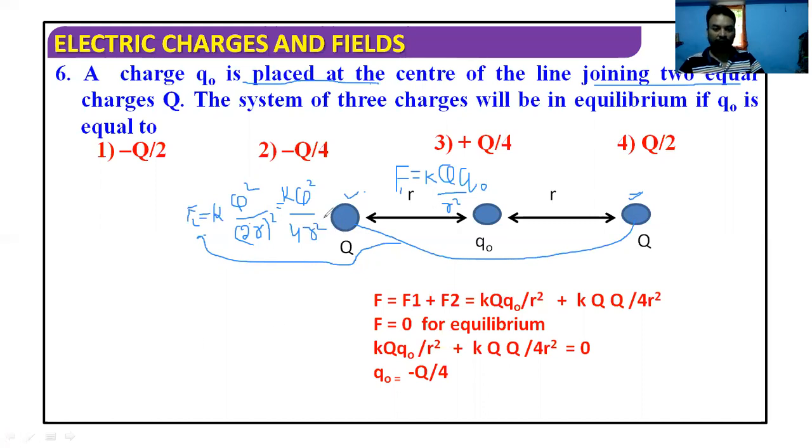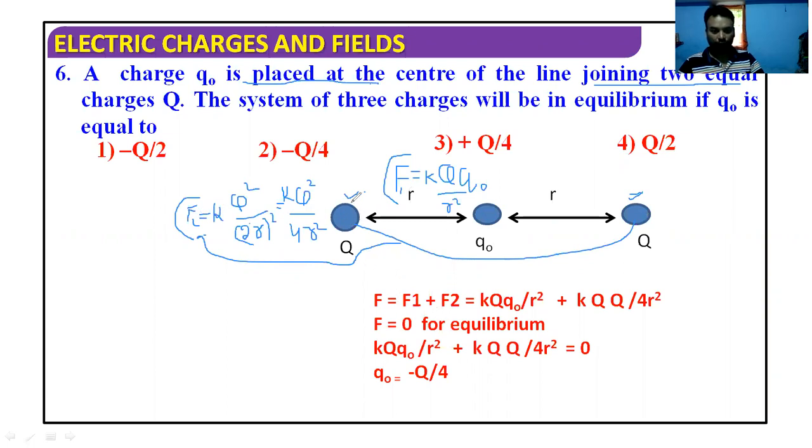Now I have two forces, F1 and F2. Note the point: I am interested in finding the force on either the left charge or the right charge. First I am taking the left charge. This charge will apply a force F1 on this Q, and this Q will also apply a force F2 on this charge.